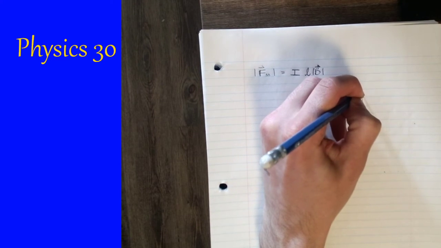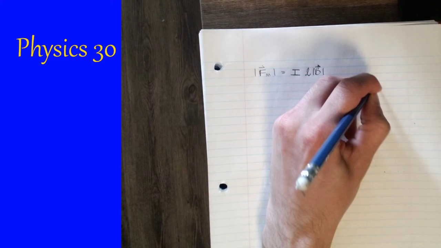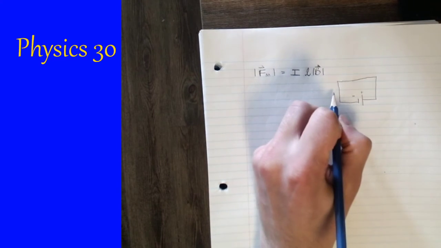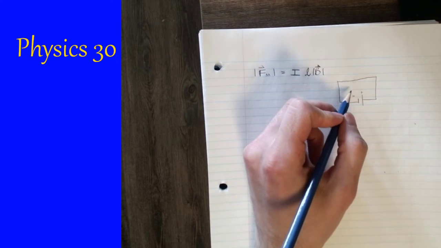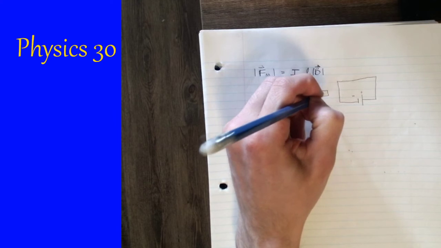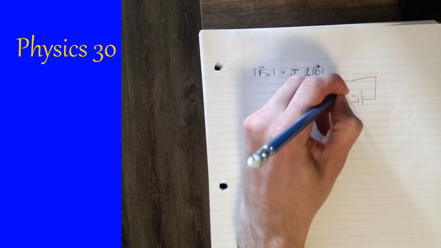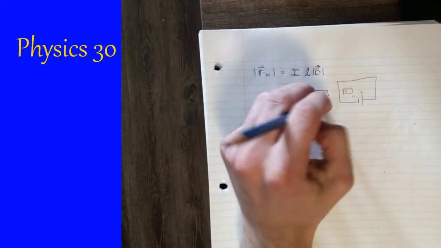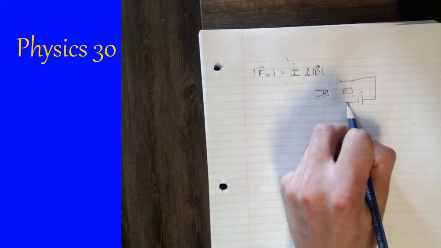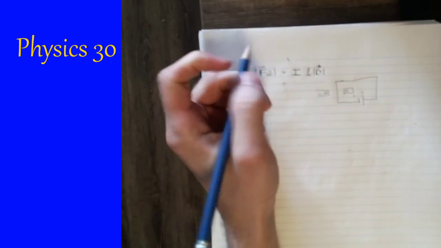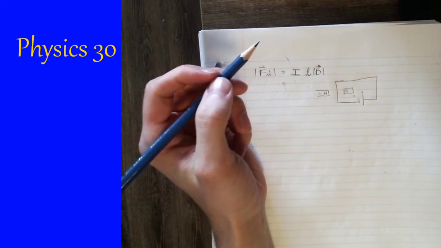We have a battery, and we could run a current through, and we could have a bar magnet sitting on either side of the wire. Let's make it a little more symmetrical so it looks nicer.